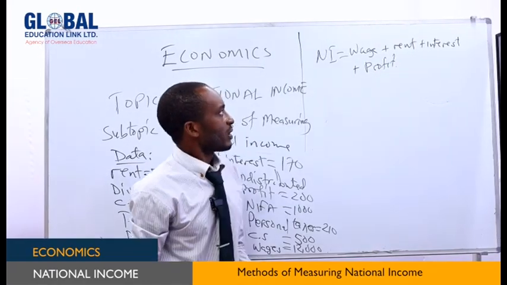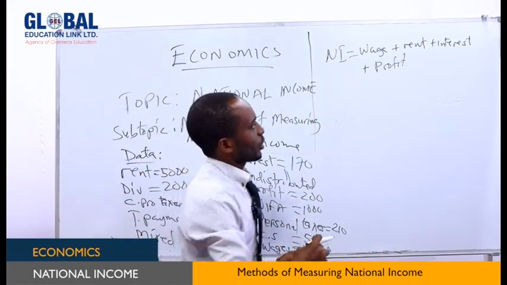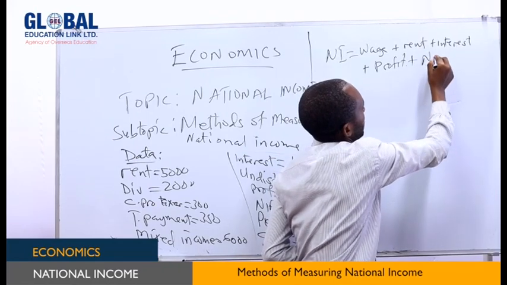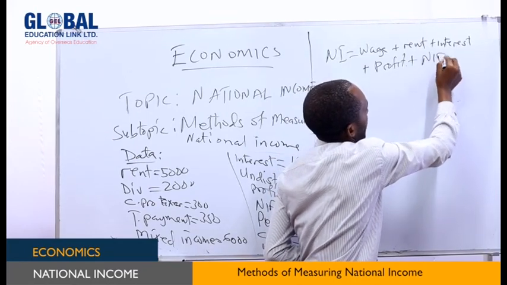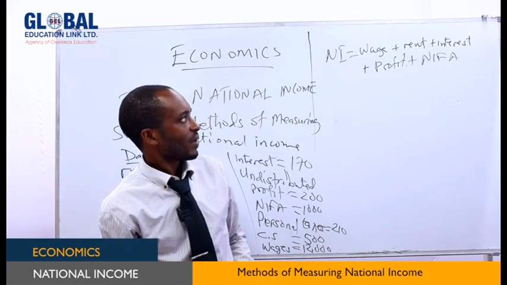If you are calculating the national income as a whole, you can also add the net factor income from abroad. You can write it simply as NIFA, net income from abroad.